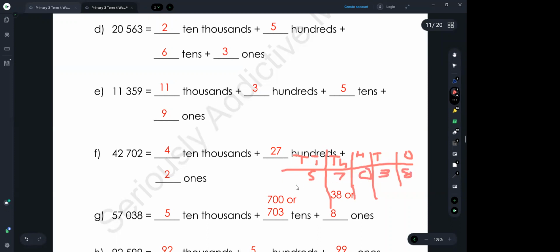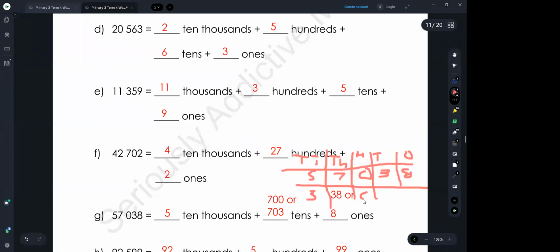And then for the blanks here, you got 10,000s here. If they say the first one is 5 10,000s, 5. And then for the second one, notice that there's no hundreds, so you got to put 0.